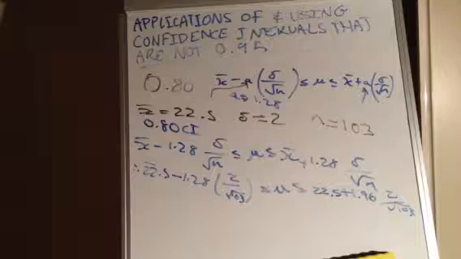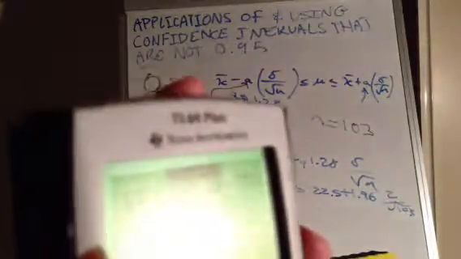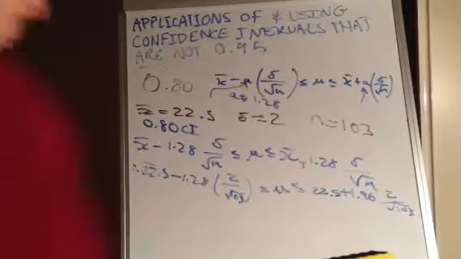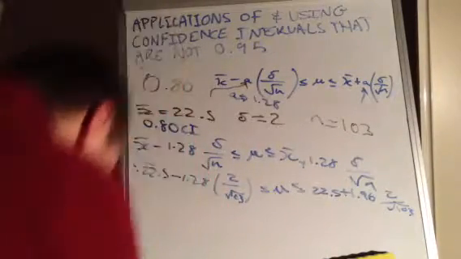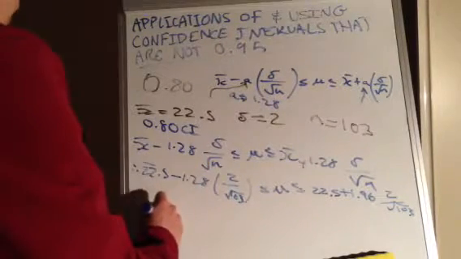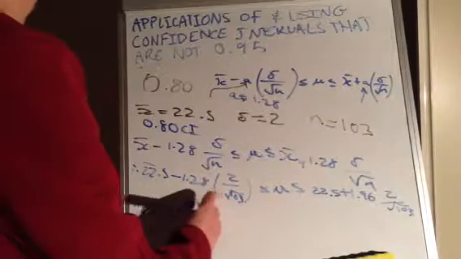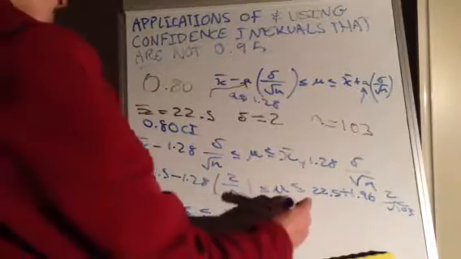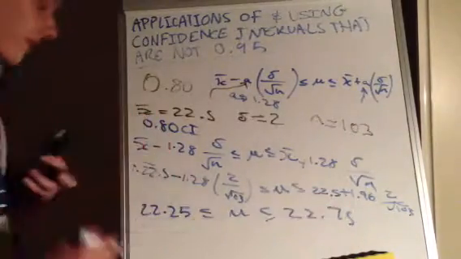So we have standard deviation as 2, we have 22.5 as x bar, we have the value of n as 103, and the confidence interval is 80, so it's 0.8, and we've got some values there which I'm about to write up on the board. As you can see, it's quite narrow considering the standard deviation. So it actually gives us 22.25 less than or equal to mu, less than or equal to 22.75.